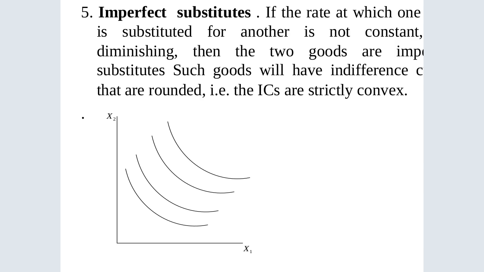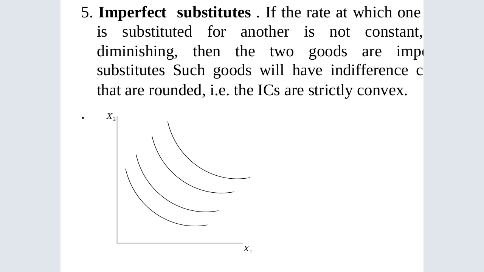Now, if you compute the slope of the indifference curve, it simply changes along the indifference curve. It diminishes along the indifference curve. So in that case, the indifference curves are simply curves that slope downwards, which shows that the rate at which one good is substituted for another diminishes along the indifference curve.